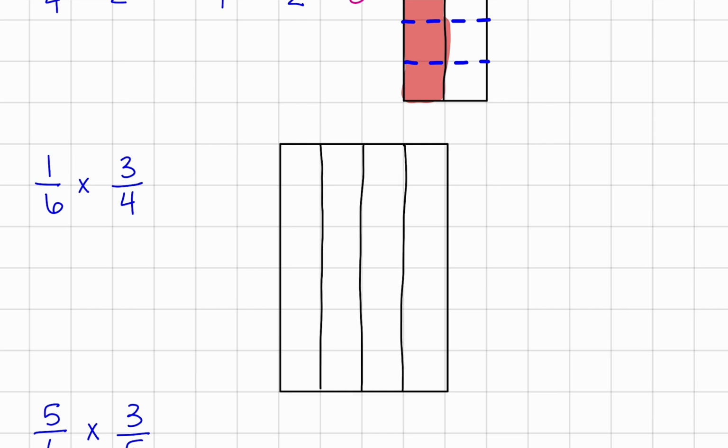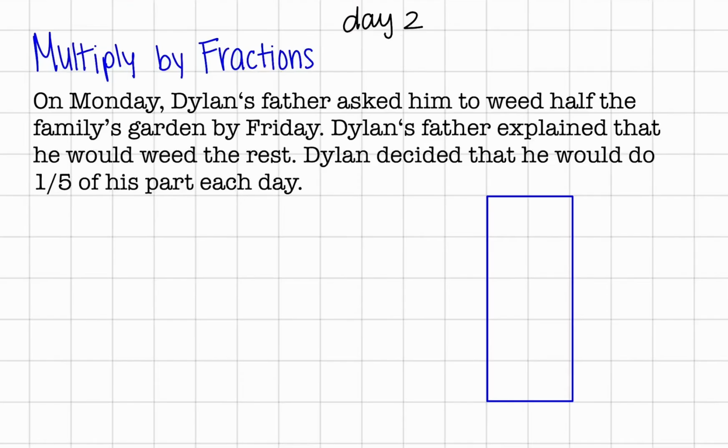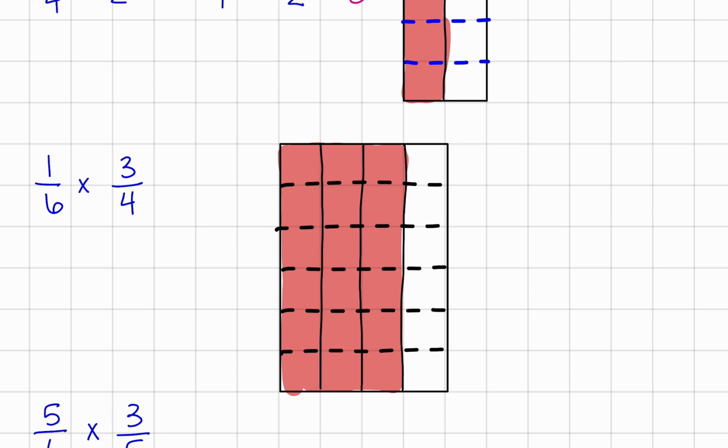But first I'm going to color 3/4 of my model red, and then I'm going to divide my model into sixths, and I'm going to color 1/6 of my model blue.